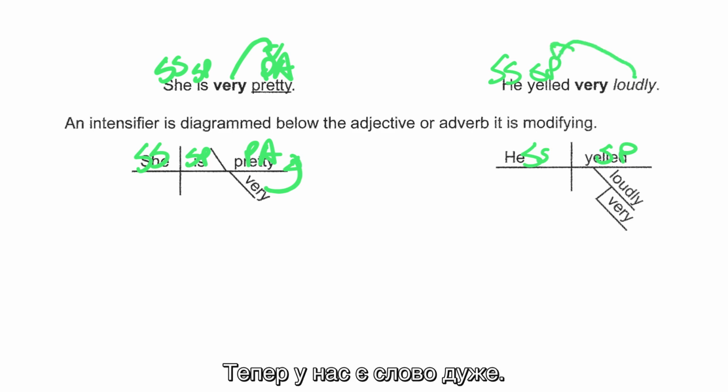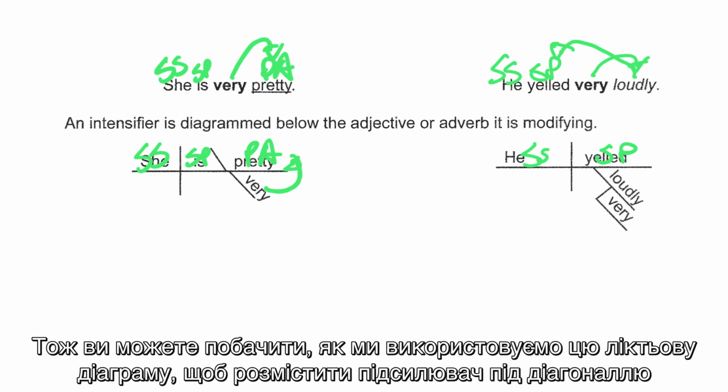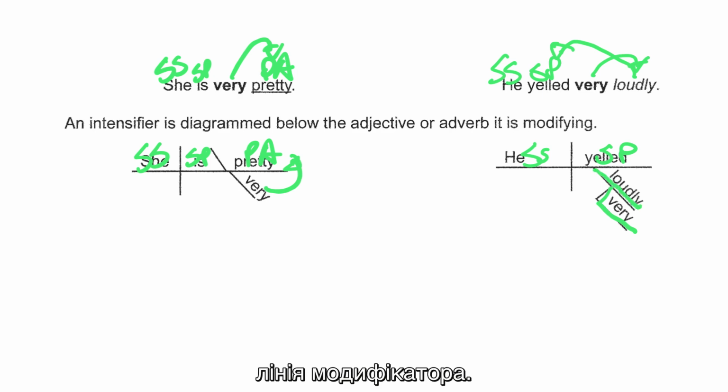Now we have the word very. Very is intensifying the word loudly. So it modifies loudly. And so you can see how we use this elbow diagram to put the intensifier underneath the diagonal modifier line.